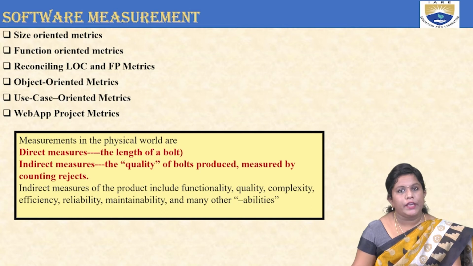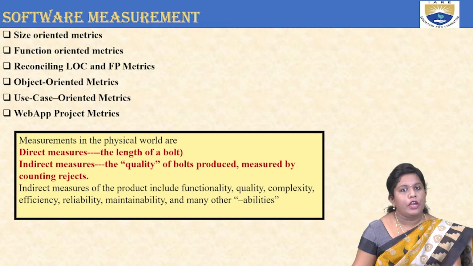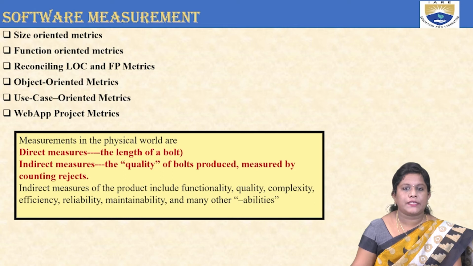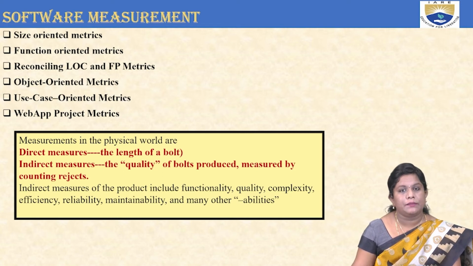In the same way, the indirect measures include functionality, quality, complexity. Complexity of a project also cannot be measured directly. You have to use different metrics. And you have efficiency, reliability, maintainability, all of which cannot be measured at the first go.